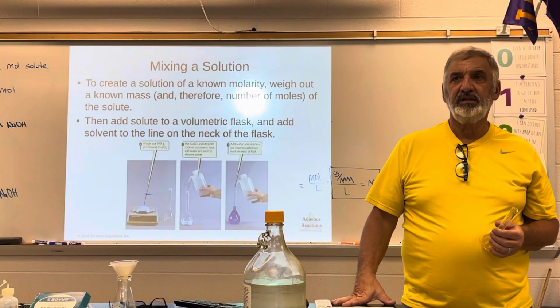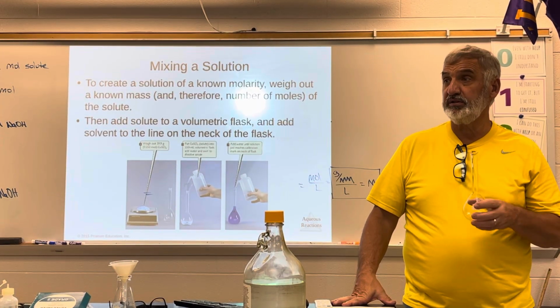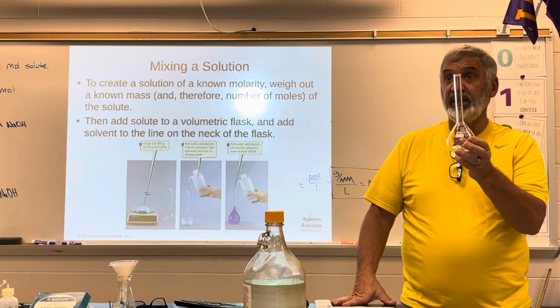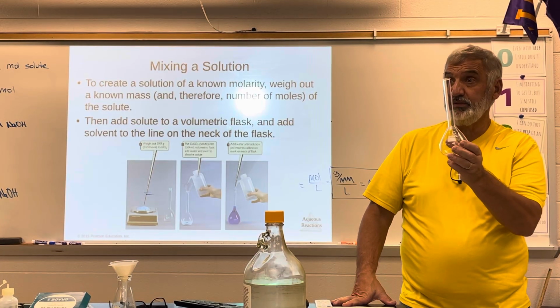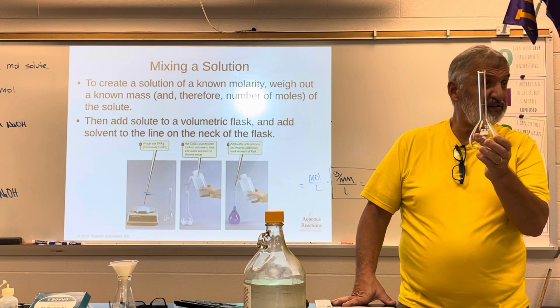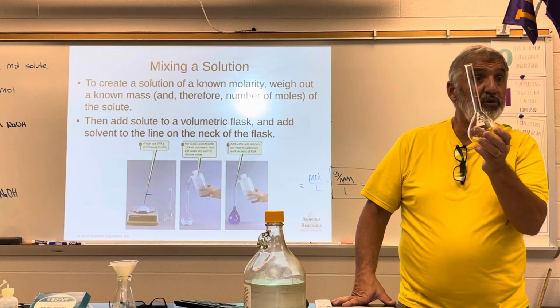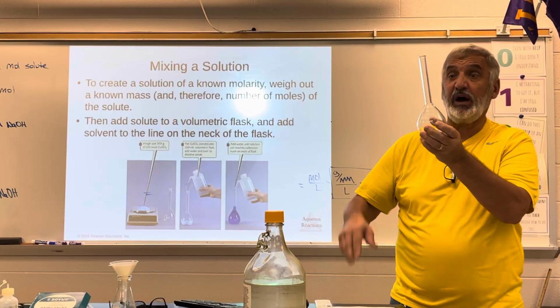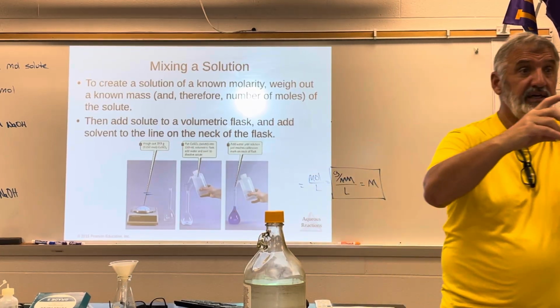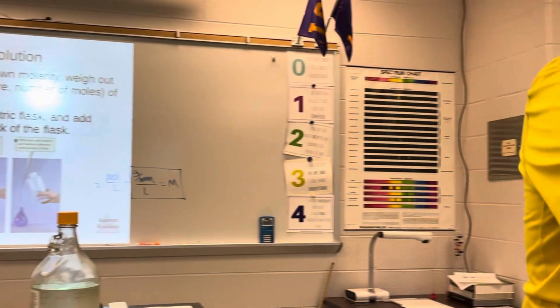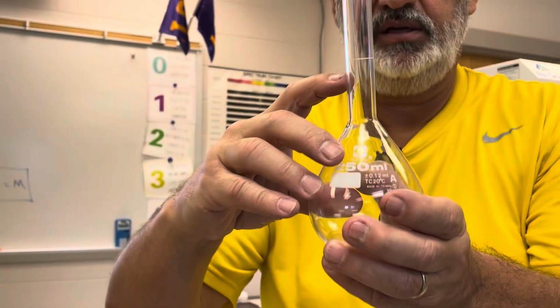Volume. Metric. Okay, it's a measured volume. If it's a 250 milliliter volumetric flask, it's only going to measure 250. It's got one line on it right here. Okay, everybody see the one line on the neck?